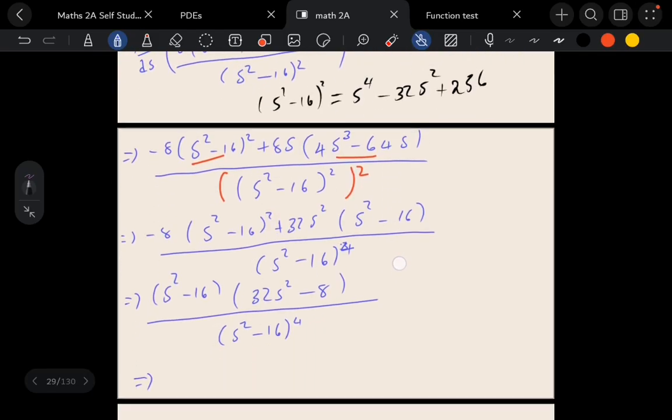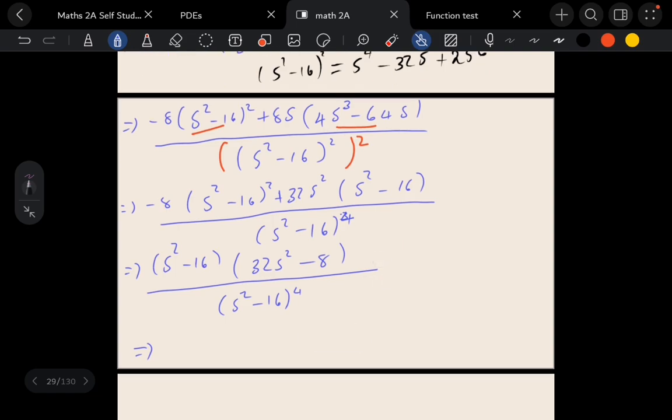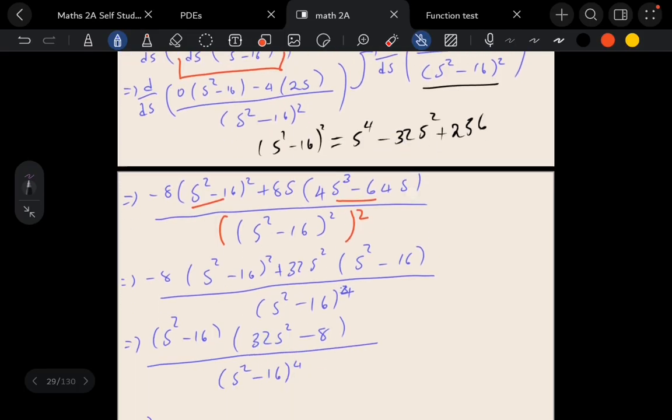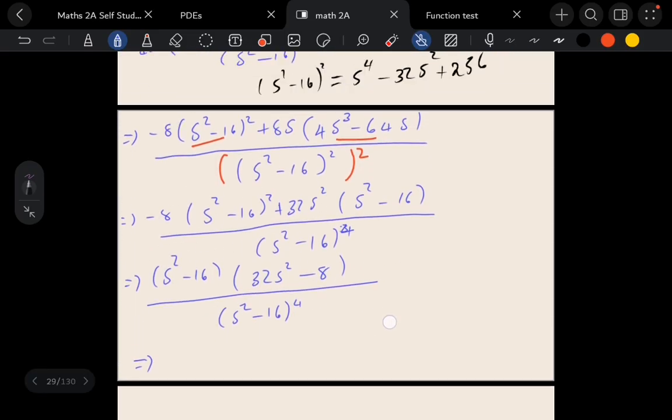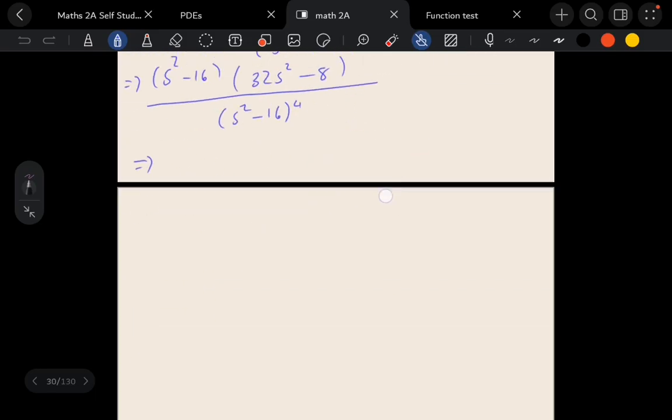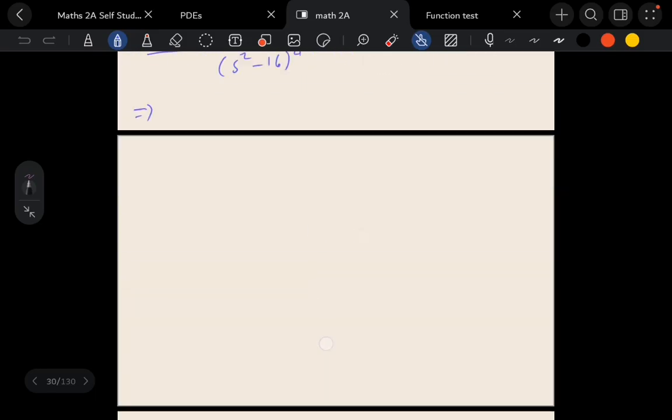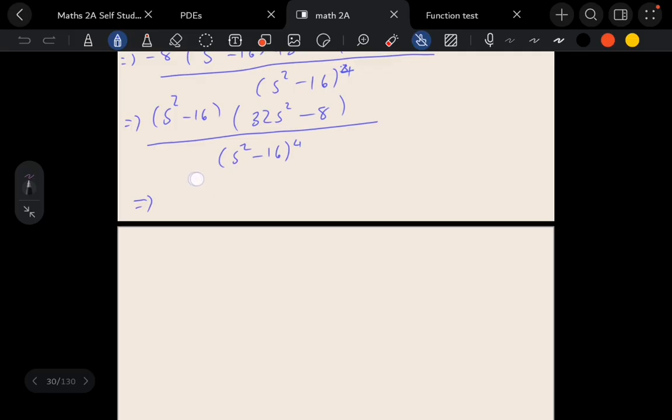I've missed the sign here. There is a mix of sign and a mix of multiplication. Can you please check that for me? So it's going to be 32s squared minus 8 all divided by s squared minus 16 all cubed. The denominator is right, but the numerator, I do not trust it.